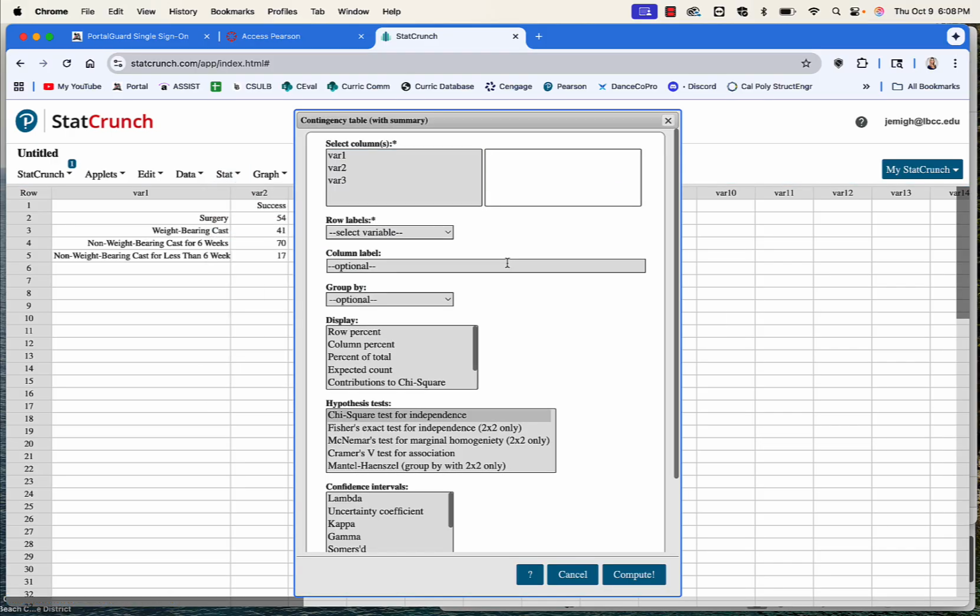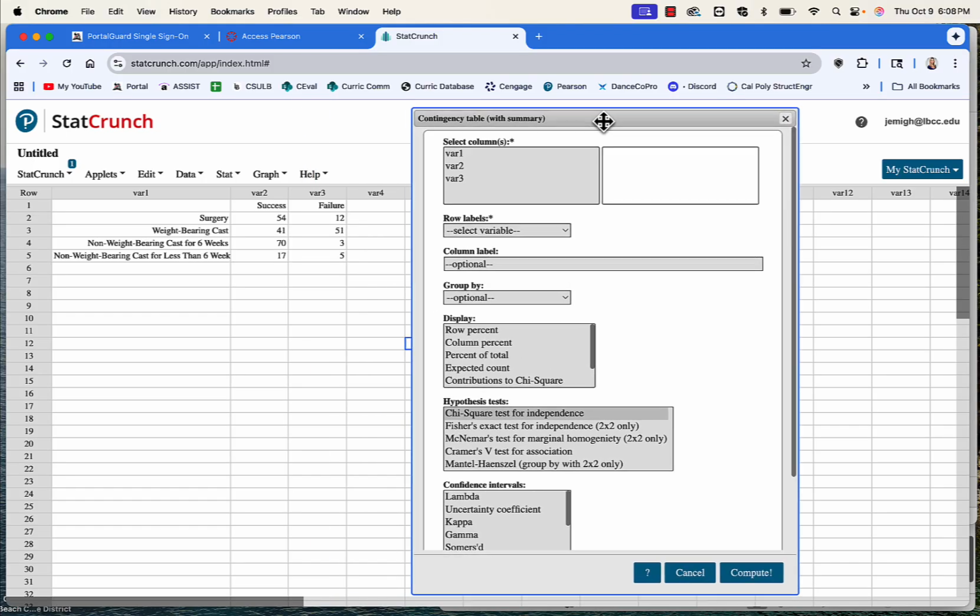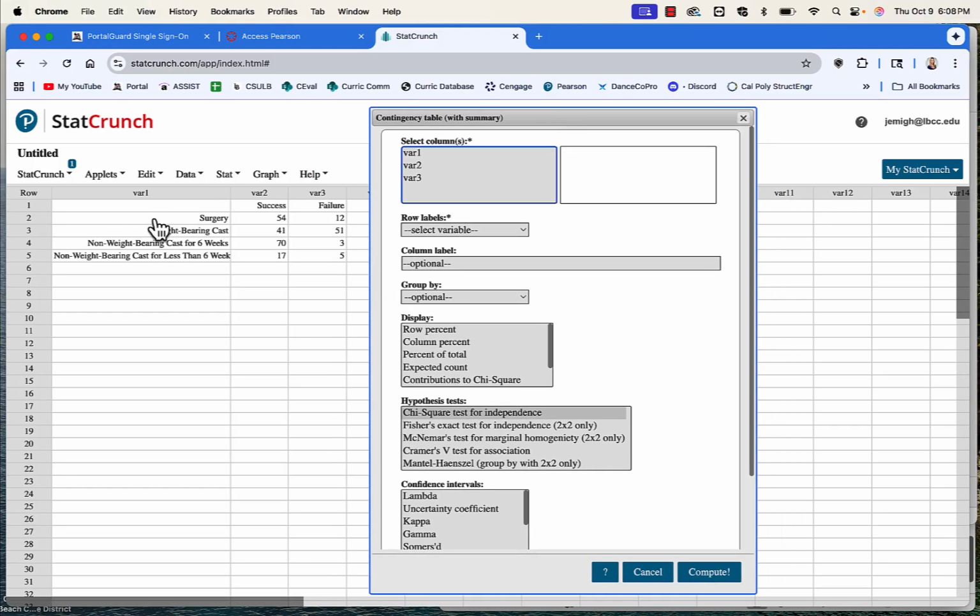Open that program. Okay, check out the input screen. It's got var1, so just looking at our data here, var 1 is just the titles of the rows. var 2 is one of the columns, and var 3 has the other column.